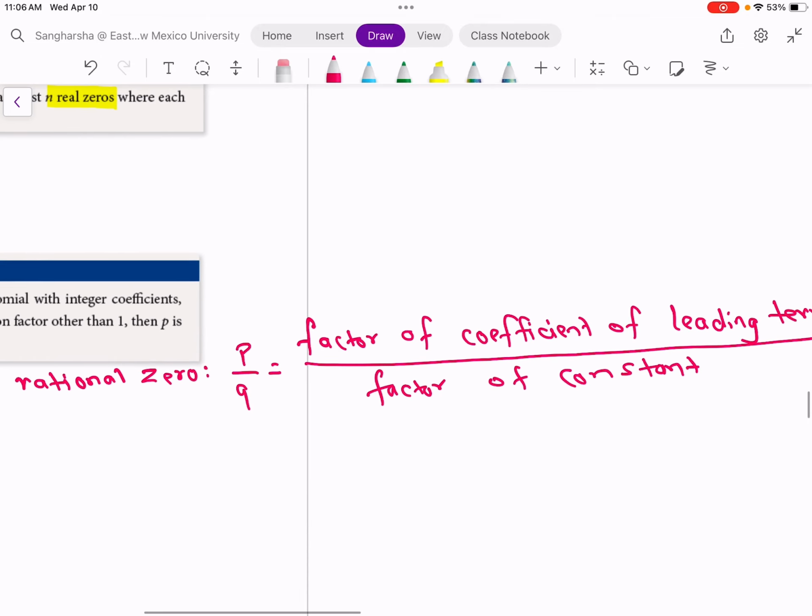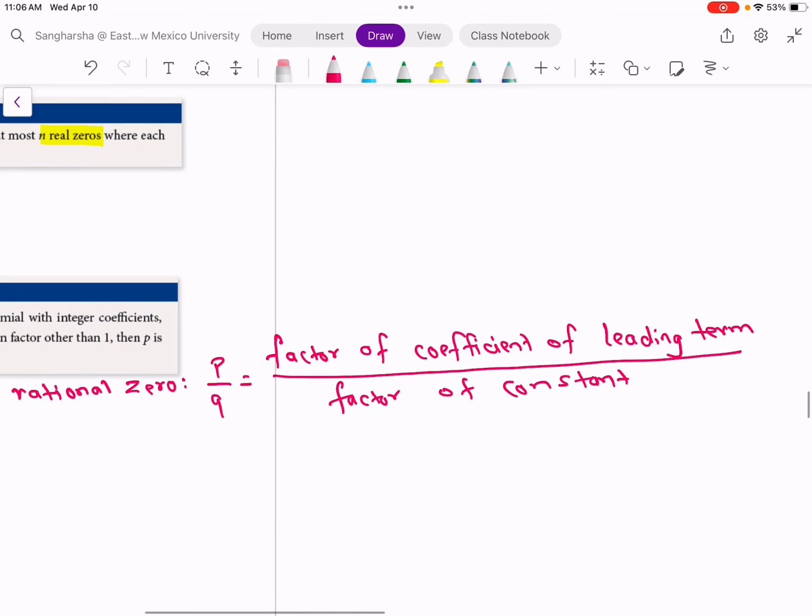Now this rational zero helps us to find the real zero for the function. Our target is finding a real zero. To find the real zero, we have options from -infinity to +infinity, infinitely many options. But once we know the rational zeros, we can pick our real zero from them.